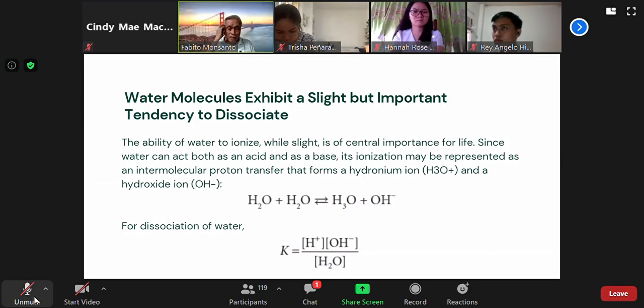All right. Let's now look into water. Water molecules, although it is a very stable compound, has the tendency to dissociate.